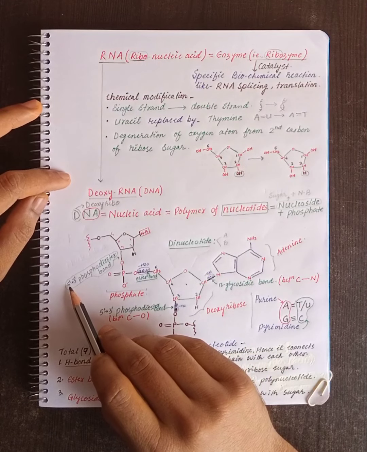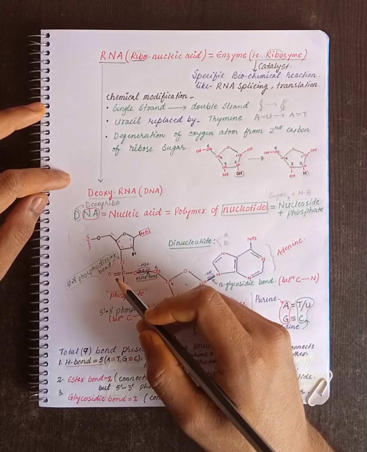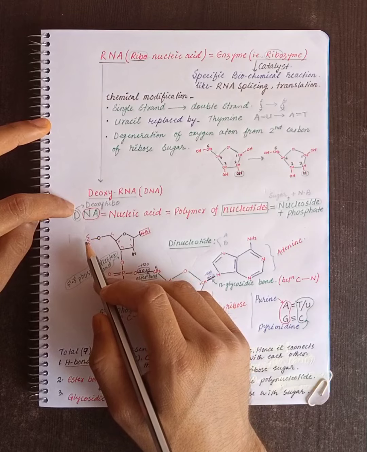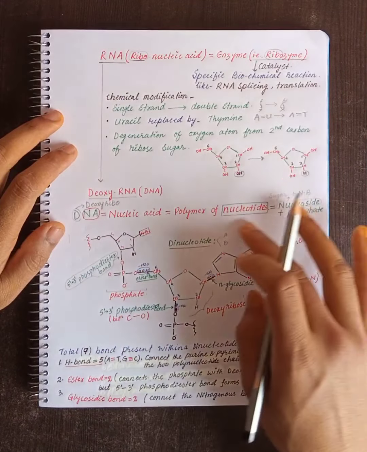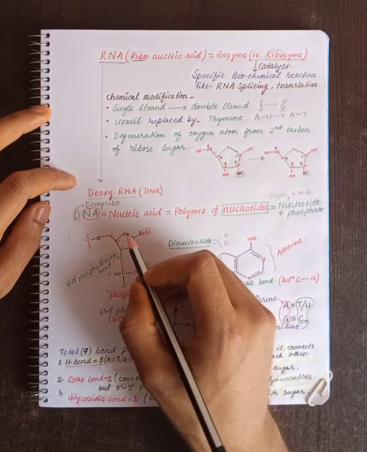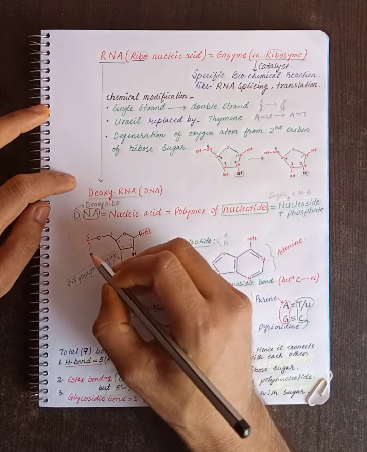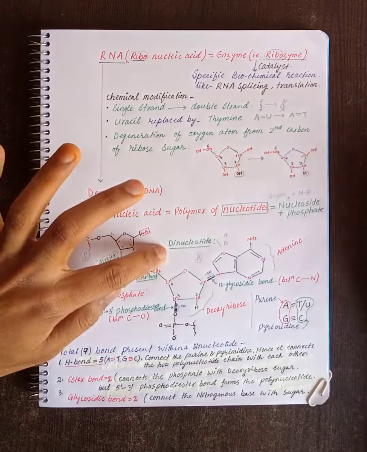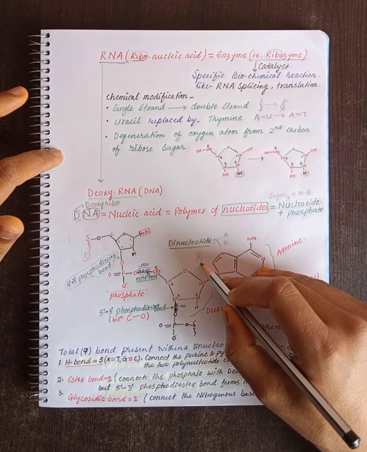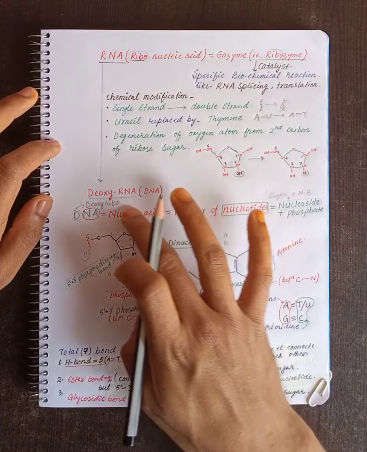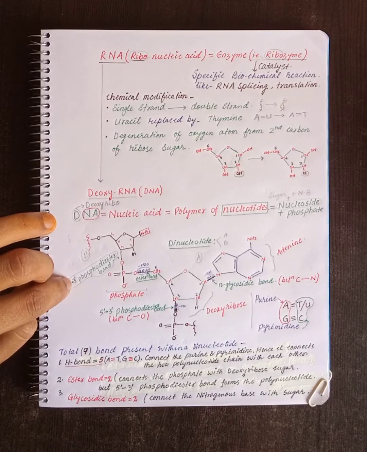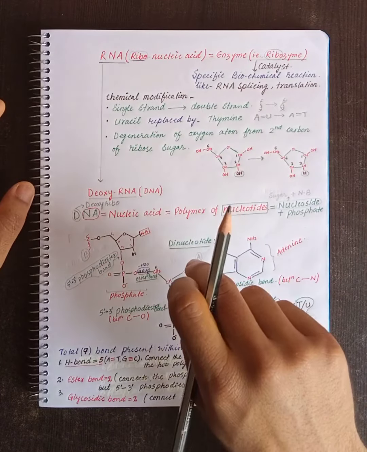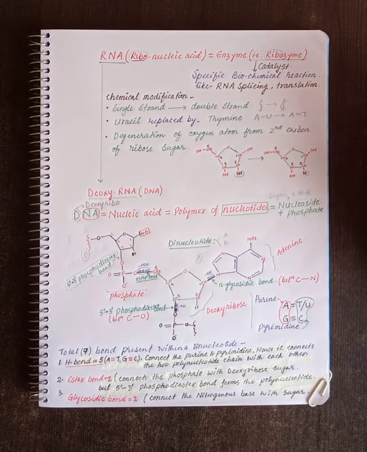Now, this phosphodiester bond connects the 2 nucleotides. Suppose this whole structure is a dinucleotide. This one is nucleotide A, and this one is nucleotide B. So the 5' to 3' phosphodiester bond connects nucleotide A with nucleotide B to form a polynucleotide.